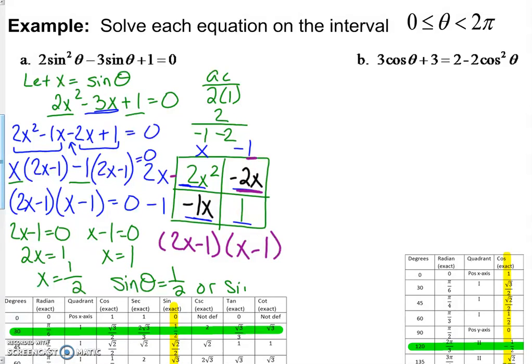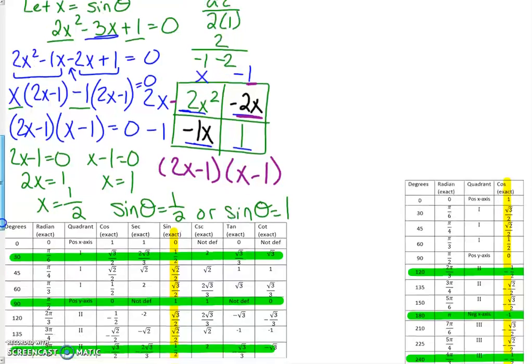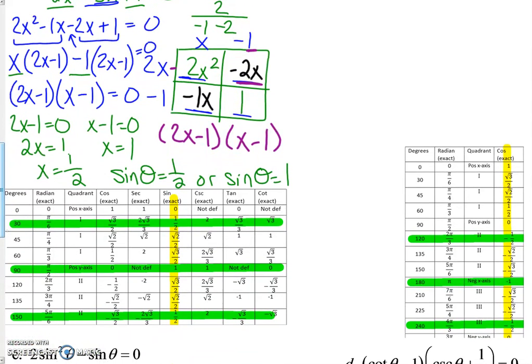Or sine of theta equal to 1. So I've got a snapshot of the trig library. This happens in 3 different places. So I have 1/2 in 2 different places, and the 1 is a quadrantal, so that means it's on one of the axes. So again, we're just putting down our radian values.